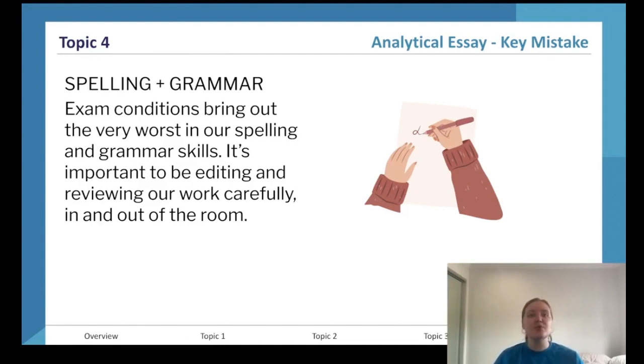So it's really important that you give yourself enough time at the end of the exam to be going back carefully, going through your work and marking your mistakes, fixing your mistakes, clearing your mistakes. Now, this could be as explicit as having your pen and running it along the sentence like this, checking every word, checking every full stop, comma, quotation mark, all of these sorts of things when you are writing.